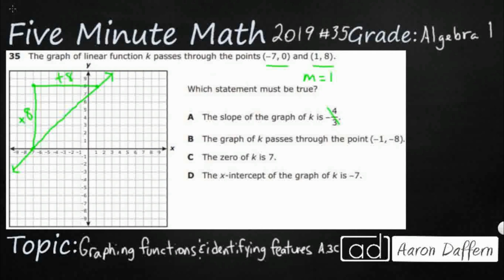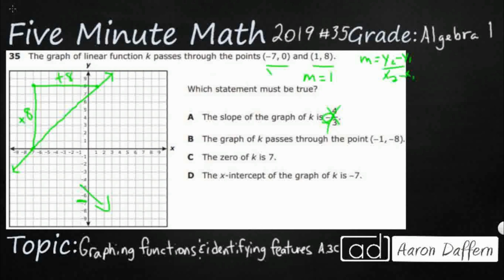I know it's not going to be -4/3 just simply because of this negative. A negative slope goes down from left to right. That's going up. So how do we check our slope? Well, change in y over change in x. So let's just calculate it real quick, but I'm pretty sure it's going to be 1 or really close to 1.